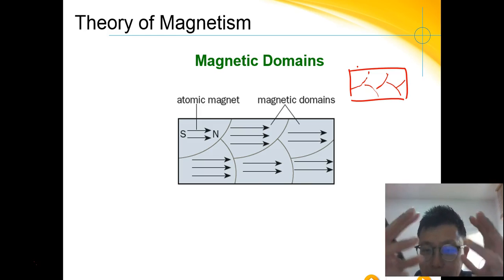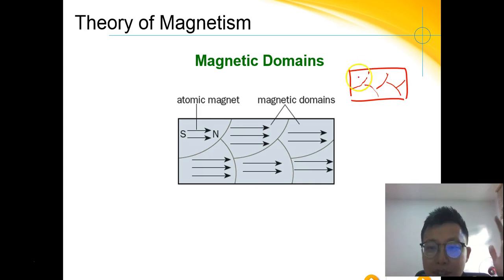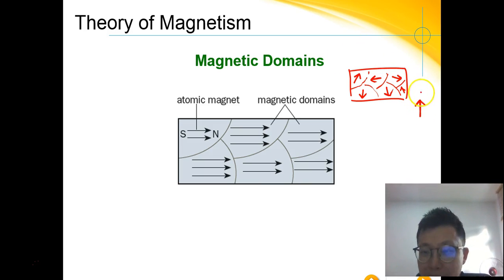And why do we group them together? It's because these particles are all pointing at a certain random direction for a non-magnetic material. So basically you can imagine that these domains are tiny magnets. And when I draw an arrow like this, it actually represents North Pole here and South Pole here.